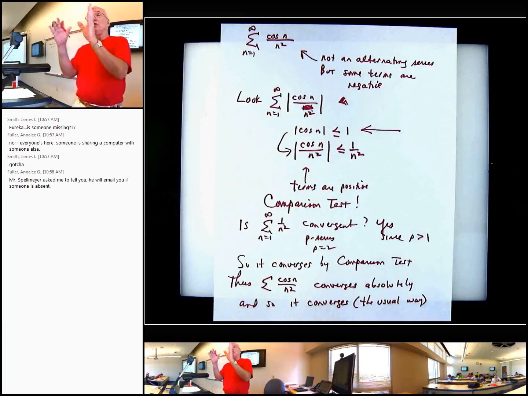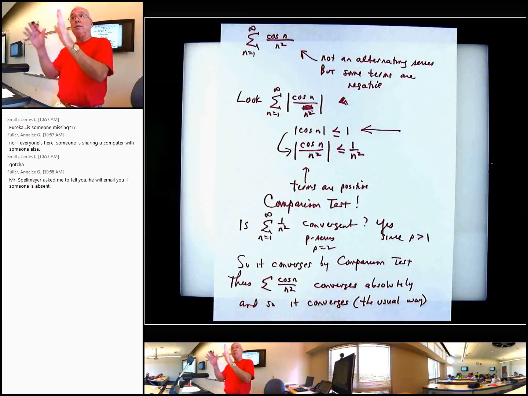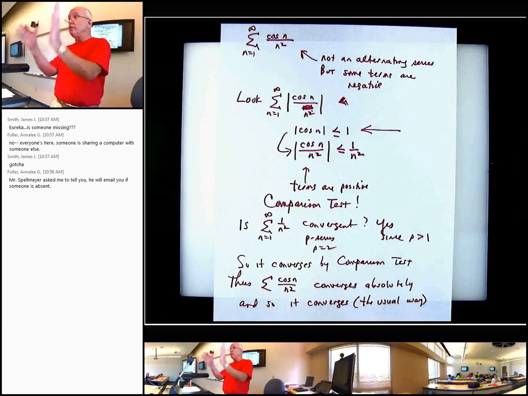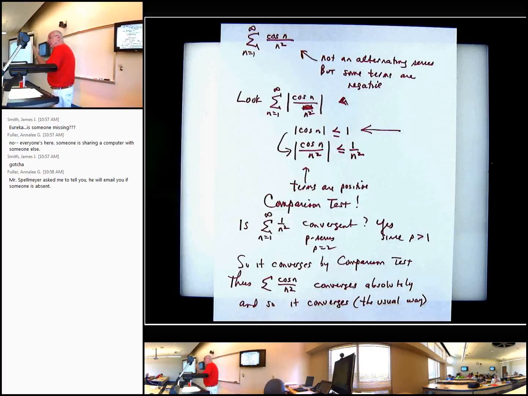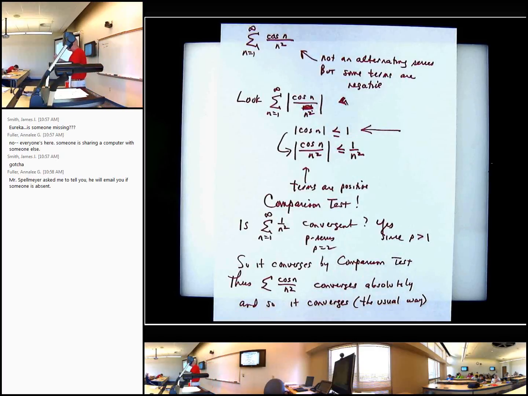What you want to do is hunt for something that you know is convergent, that you can make it less than. And you use that fact from trig that the absolute value of the cosine is always less than or equal to 1. So you can do that comparison.